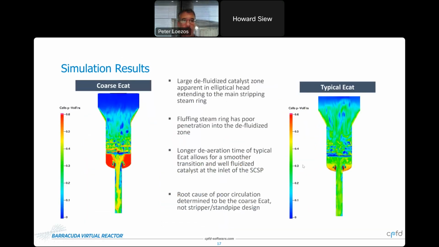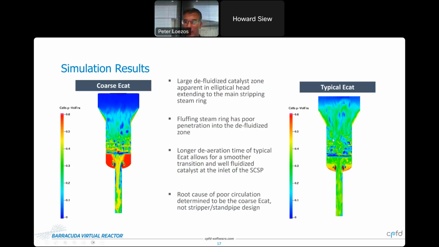So to summarize the simulation results, with the coarse ECAT we see a large defluidized catalyst zone apparent in the elliptical head extending to the main stripping steam ring. Additionally, we see poor penetration of the fluffing steam ring into this defluidized zone, so we're really not able to break it up even with the higher fluffing steam rates.